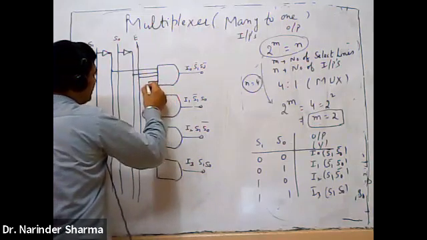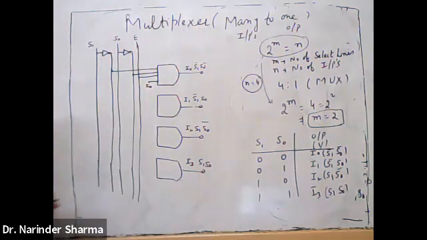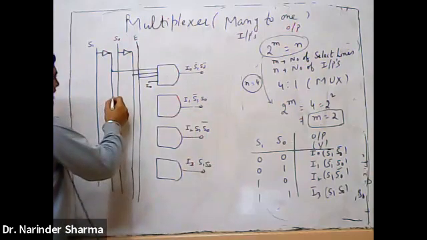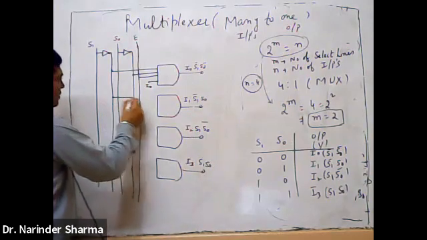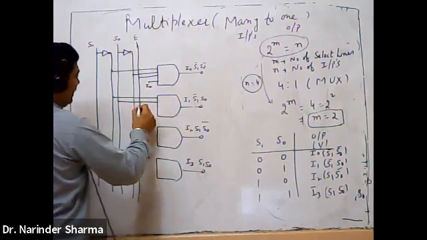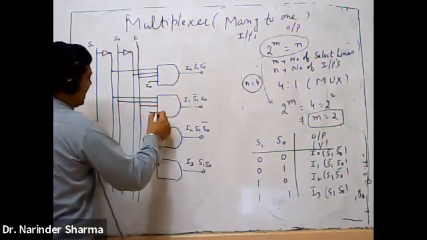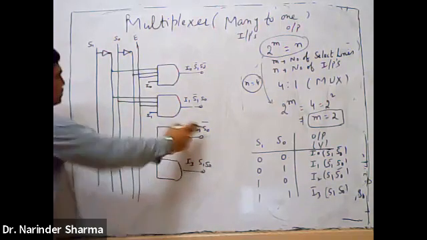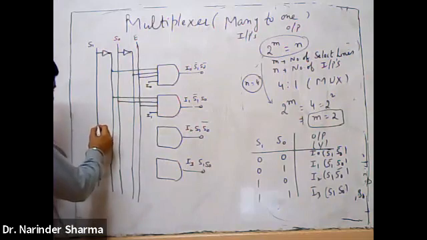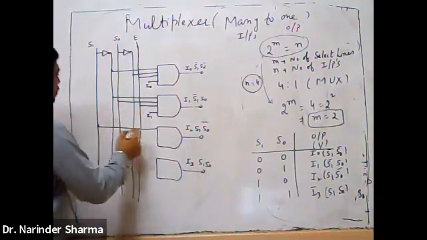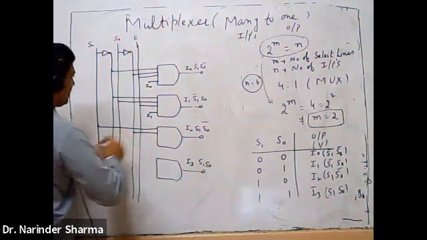Right here, I0. That will give you this expression. Now there is I1, S1 bar, this would be your S1 bar, and S0, this would be your S0. Enable is there. Next is I2, S1, this would be your S1, S0 bar, this would be your S0 bar.